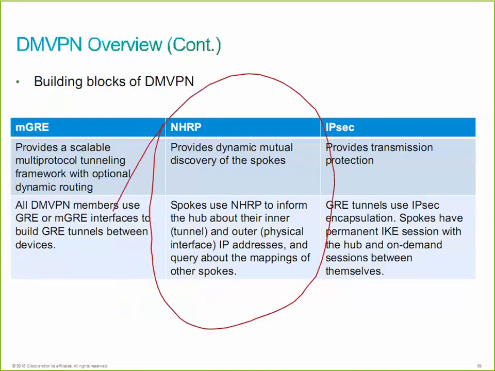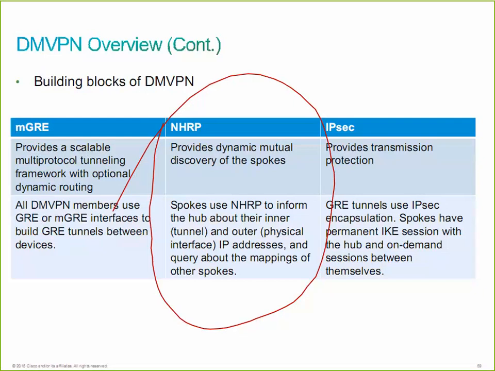The next is the Next Hop Resolution Protocol, NHRP. It's a client-server based protocol, the clients being the spokes and the server being the hub, that allows the hub to act as the NHRP server. The spokes act as the NHRP clients.